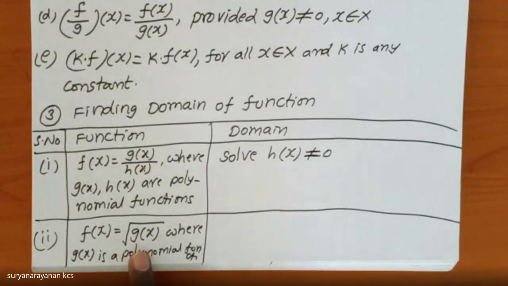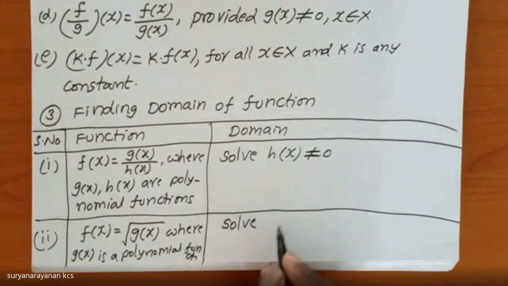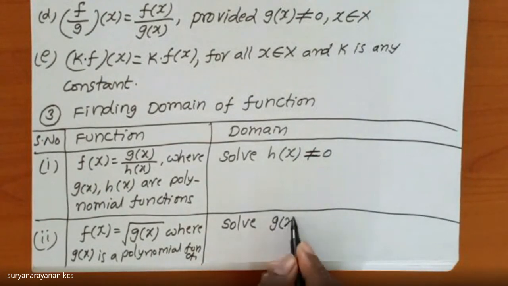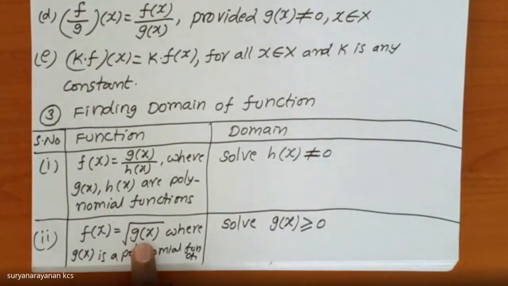In this case, if you want to find the domain of f, we have to solve g of x, whatever the function is given under the square root, we write that function greater than or equal to 0. Under the square root, there should be always a non-negative real number.